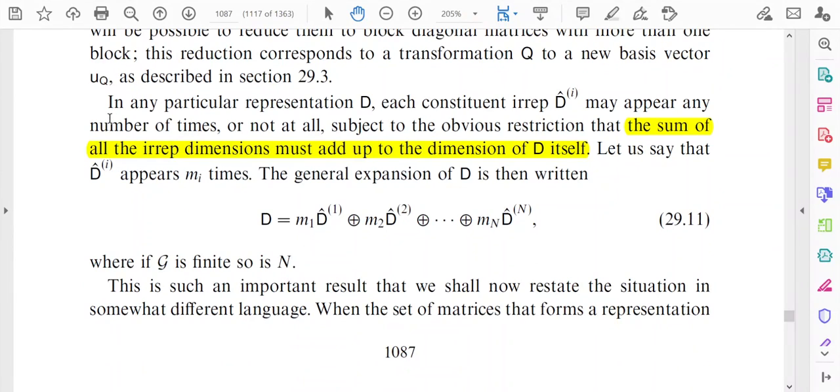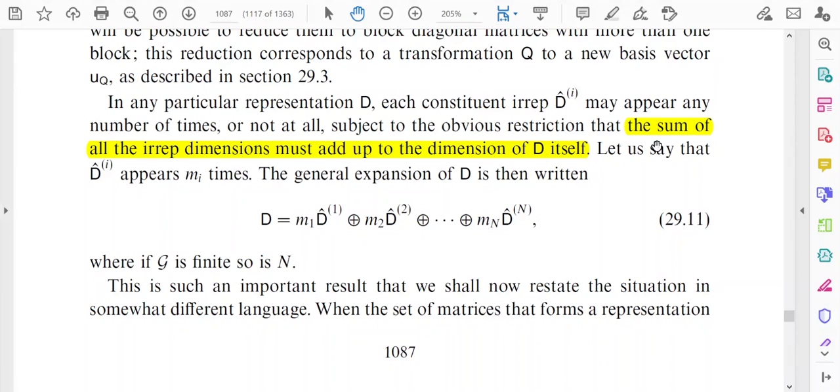Now suppose in a particular representation D, each constituent irrep D-hat i may appear any number of times, or not at all, subject to the restriction that the sum of all the irreps' dimensions must add up to the dimension of D itself.